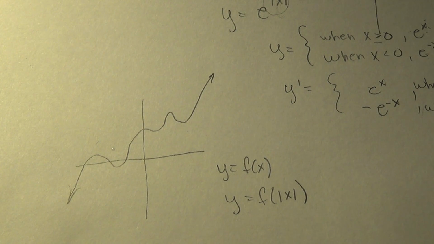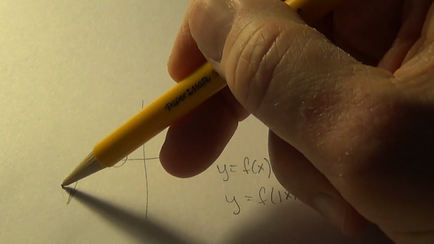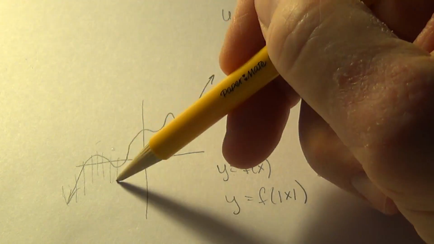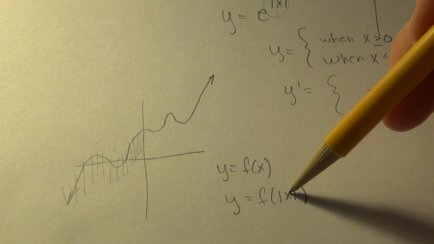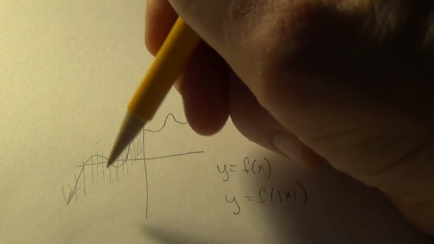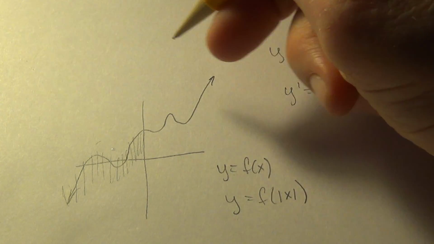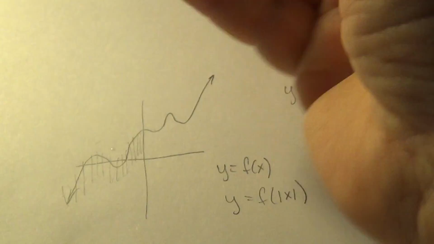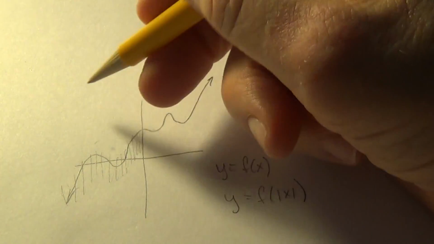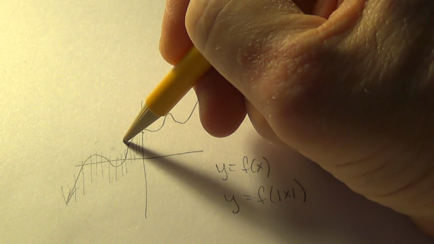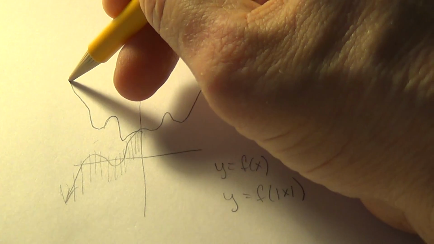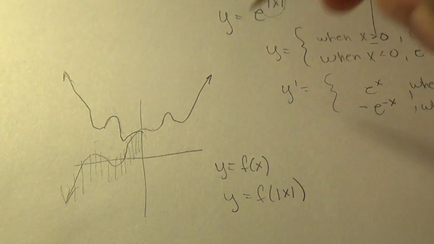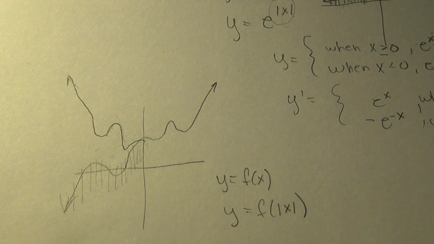Now this part will never come out to play, because whenever I put in a negative number, it turns to a positive number. So the values over here are going to take on the same values as they did over here. So I'm going to reflect this across the y-axis. I'm going to try to draw the same thing. Good luck. There. I'm trying to make this a mirror image of that. All right, that's what happens with absolute values.